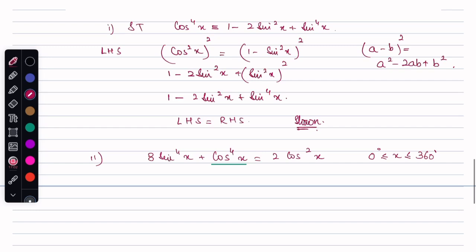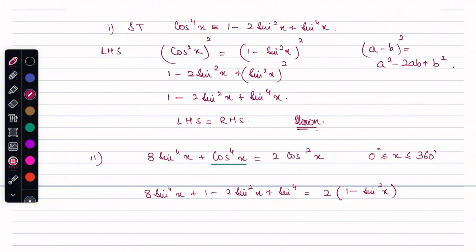Therefore now I can say that this cos 4x can be replaced with 1 minus 2 sin^2 x plus sin^4 x, and this then should be equal to 2 cos^2 x. So again in place of cos^2 x I am going to write 1 minus sin^2 x.